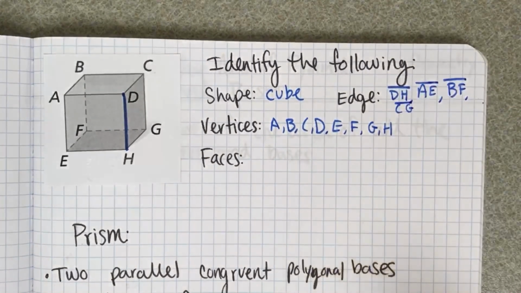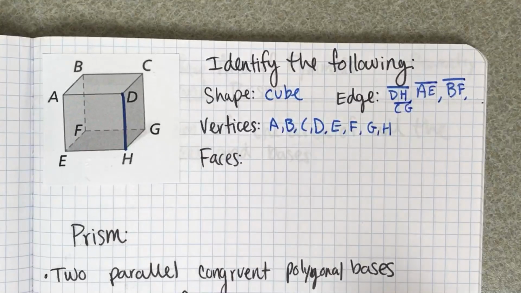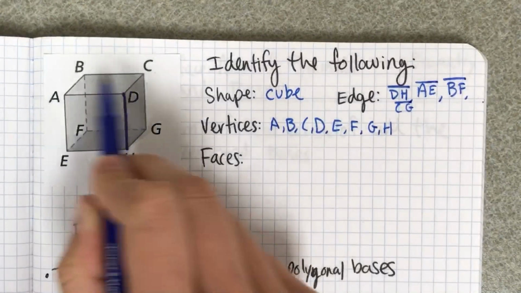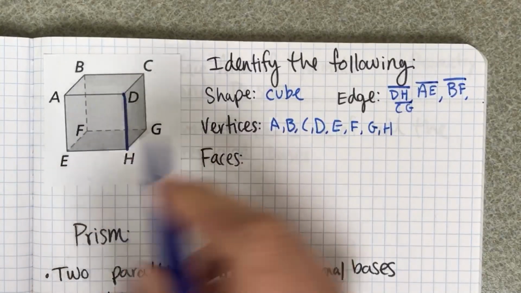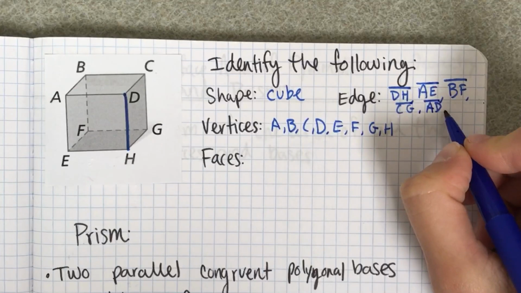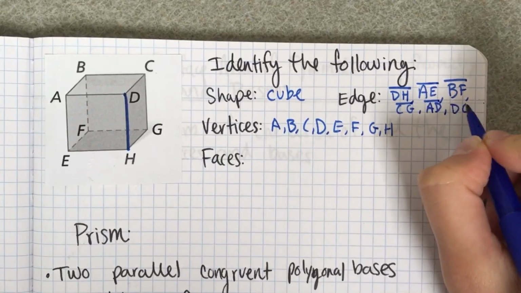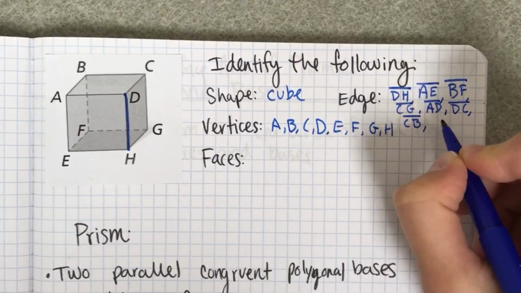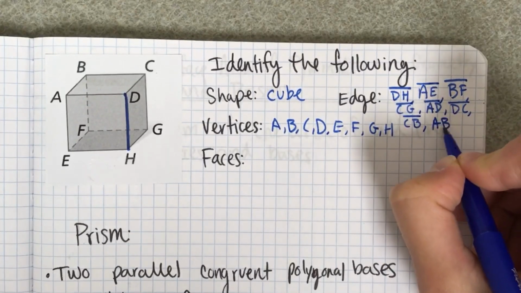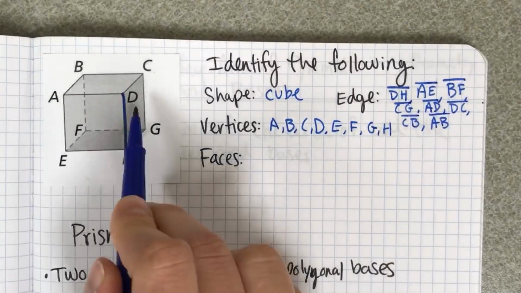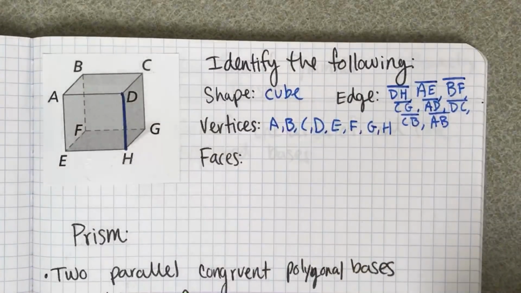Okay, those are all our vertical edges. Now let's do all of our horizontal edges. Okay, let's start with the top square first. And it doesn't matter what order you put your segments in. AD and DA are the exact same.